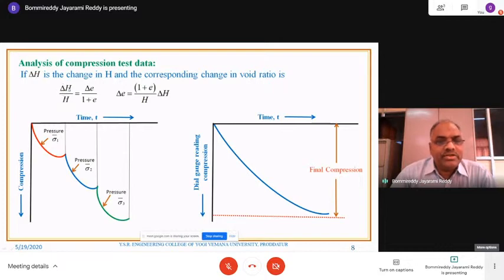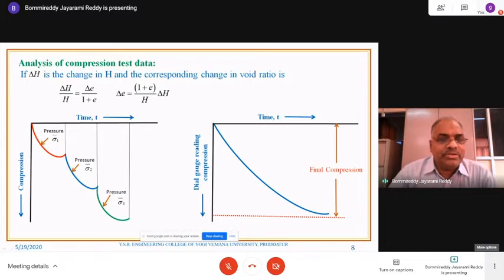And H is the initial height of the soil, which is proportional to 1 plus e. Already in the three-phase diagram we have shown the total volume is 1 plus e. Total volume means it is nothing but H into area. Area is constant, so 1 plus e, the total volume, is always proportional to the height.